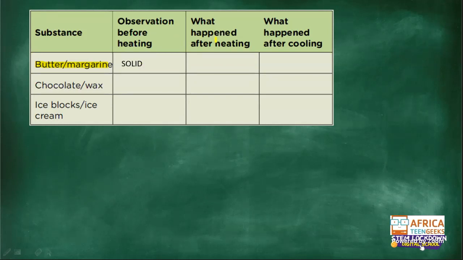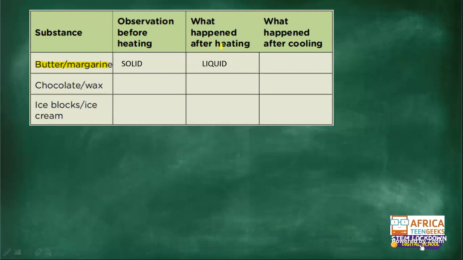Now what happens to it after heating? It turned into a, can you type in your chat box? It became a liquid, good. Very good. Now, if you had to take it off the candle again and you had to place it next to it, what will happen to that margarine eventually in a couple of minutes?